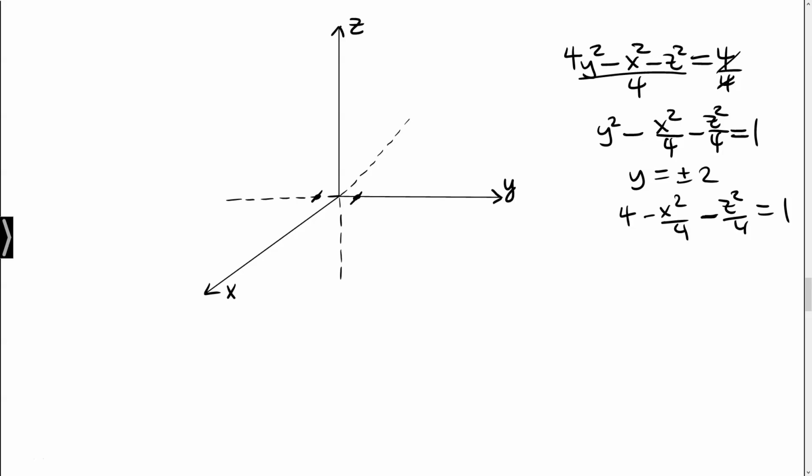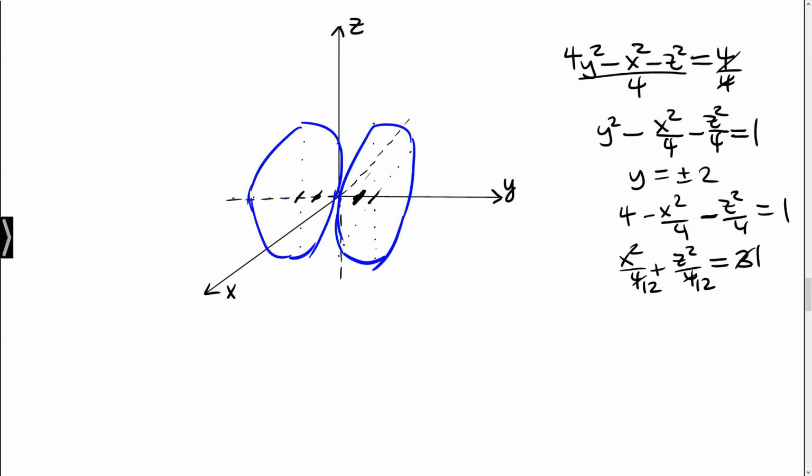If we subtract 4, it's going to be x squared over 4 plus z squared over 4 is equal to 3. Okay, and then we divide through by 3. We'll get 12 in the denominators. So square root of 12 is between about 3 and 4. So what we end up getting is a circle of radius square root 12. Okay, so we go out here and here. So here, we need to go up about 3.5, let's say, bigger and bigger.